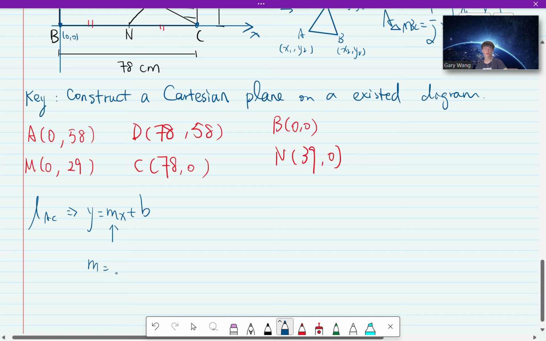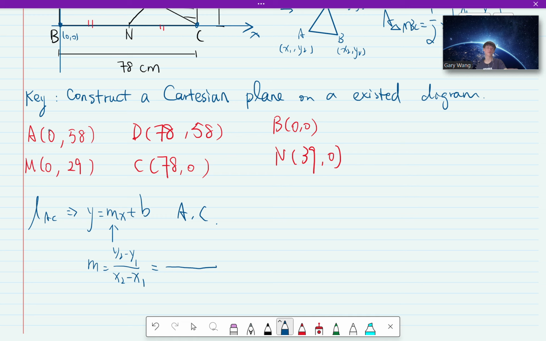So m should be equal to y2 minus y1 over x2 minus x1, a simple recap from last class. Because we are using point A and point C, let's say for A it's x1, y1, and for C it's x2, y2.